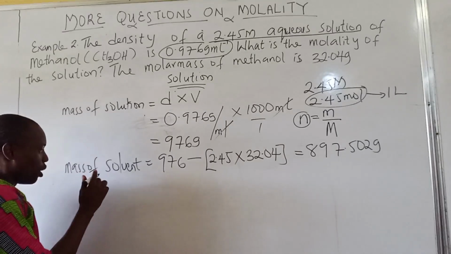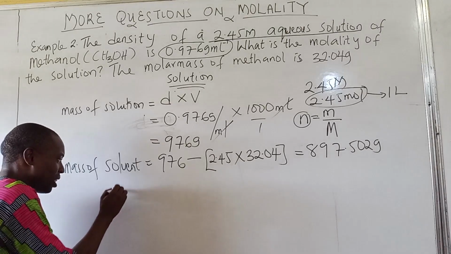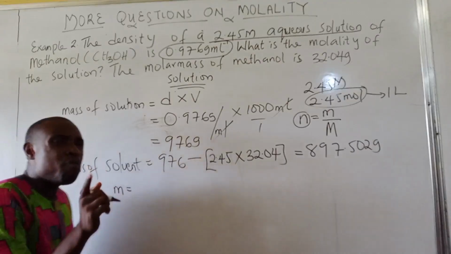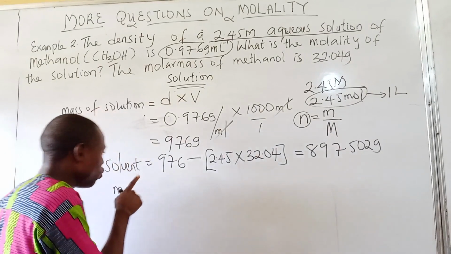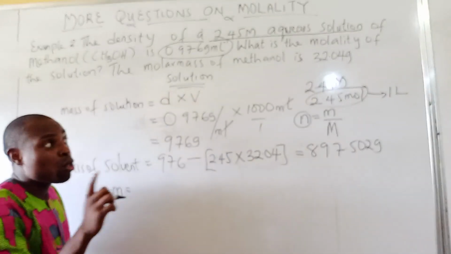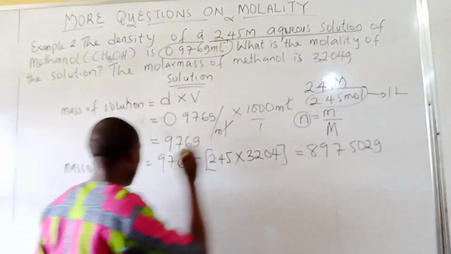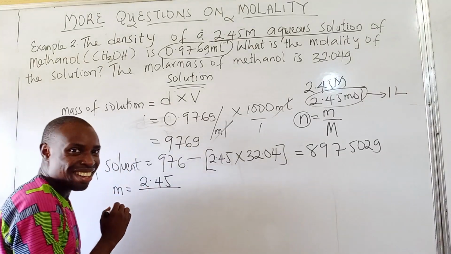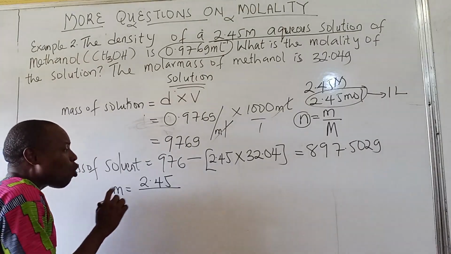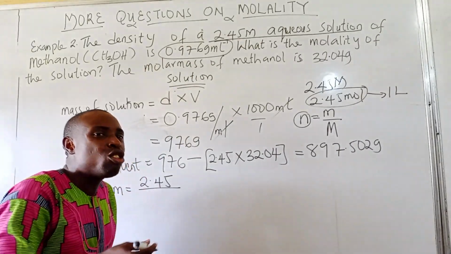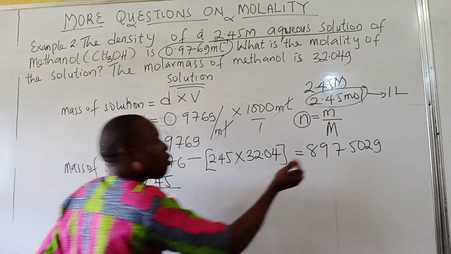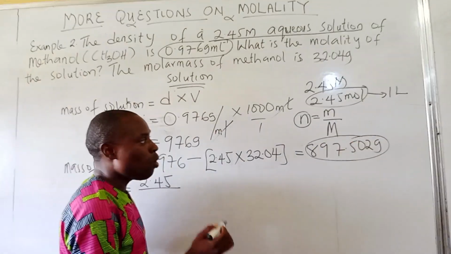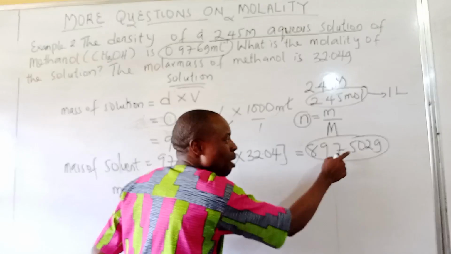Now, the formula says molality is equal to the number of moles of the solute over the mass of the solvent. The number of moles of the solute here we already know to be 2.45. To get the mass of the solvent in kilogram, we have to convert what you have here to kilogram by dividing by 1000.